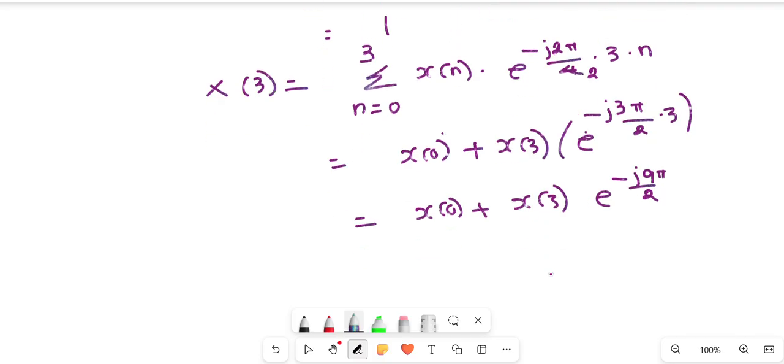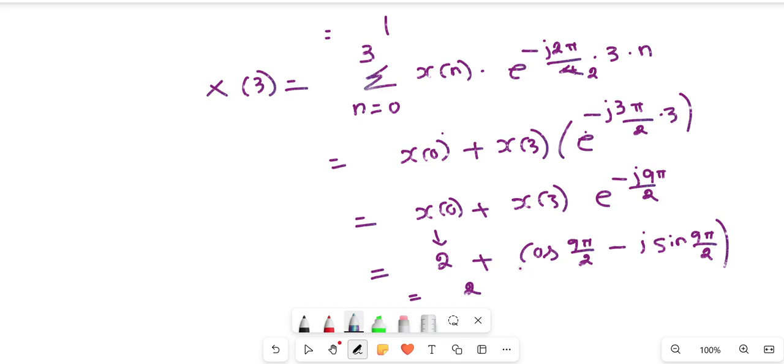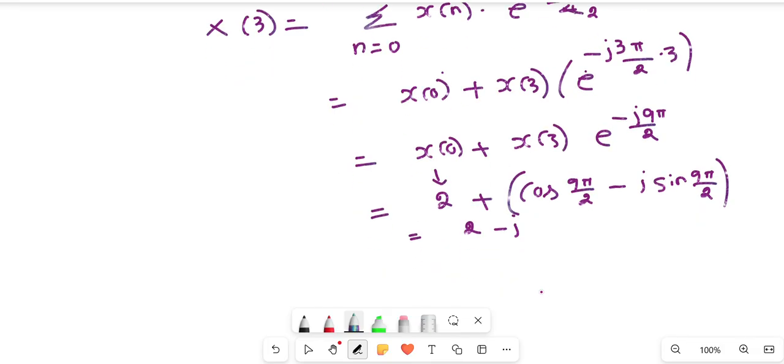Then you can simplify: x of 0 plus x of 3. Substitute x of 0 value is 2, 2 plus x of 3 is 1, so cos 9 pi by 2 minus j sin 9 pi by 2, so this is equal to 2 minus j.